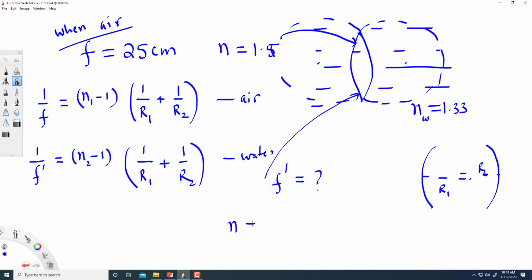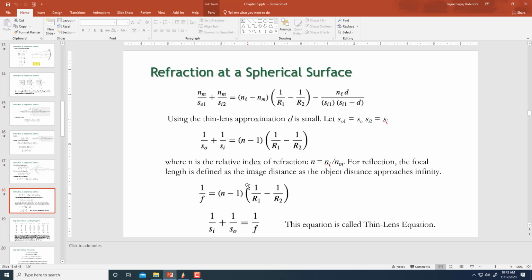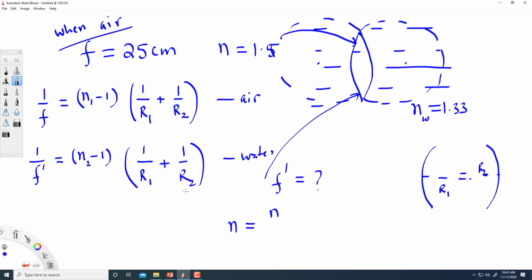If you remember, n is the refractive index, so look at the PowerPoint here: NL over NM, the refractive index of the lens over the refractive index of the surrounding medium.